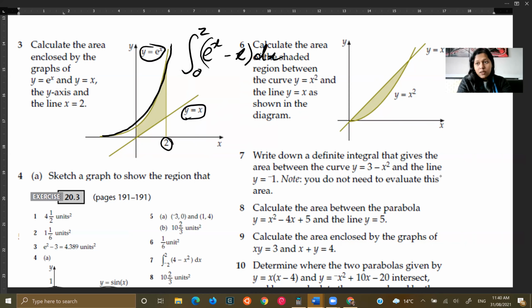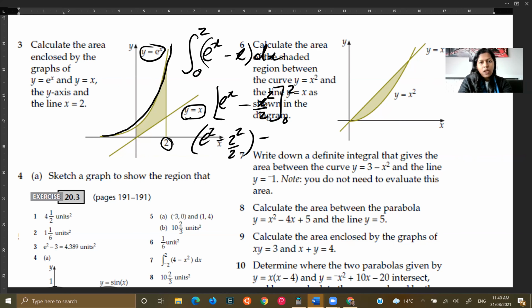When I integrate e to the x, the integral is itself, divided by the derivative of the power, which happens to be just 1. And then that will be x squared over 2. Now the limits are 2 and 0. So I'm going to substitute 2 in: e to the 2 minus 2 squared over 2, take away e to the 0 minus 0 squared over 2.